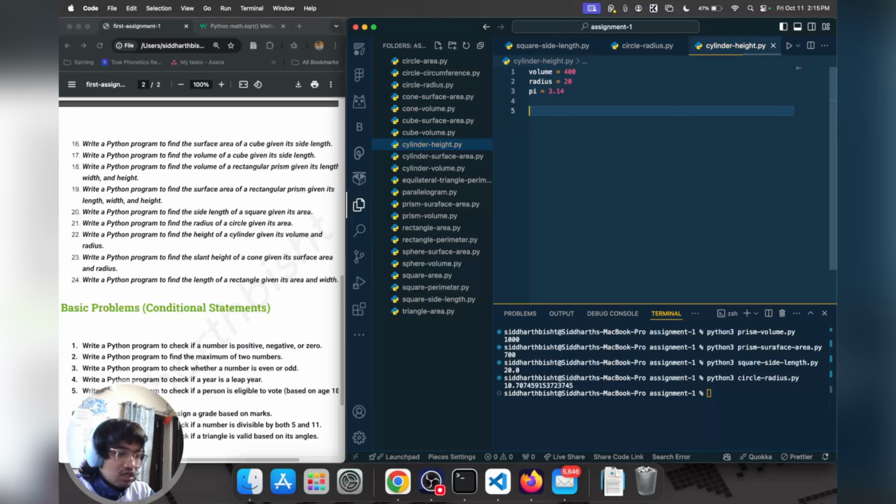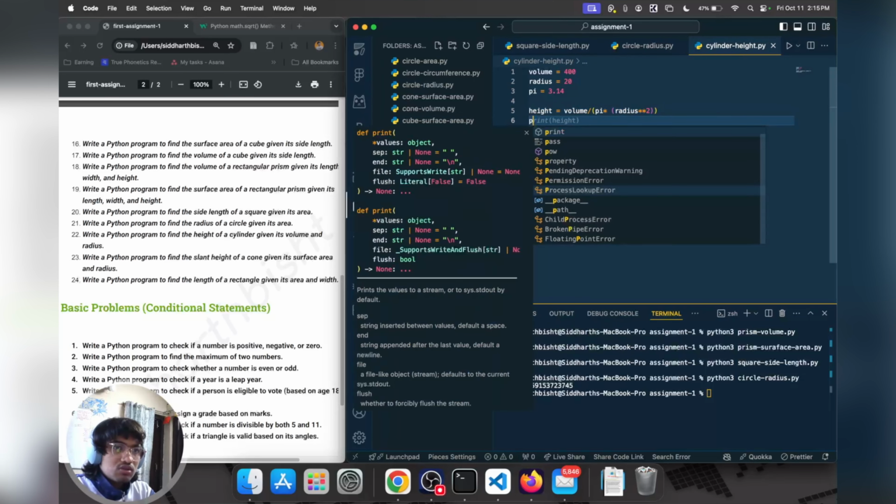Now there is a simple formula here too. So we have to find the height. Height equals volume divided by the value of pi multiplied by radius square. And that's all. Print height.